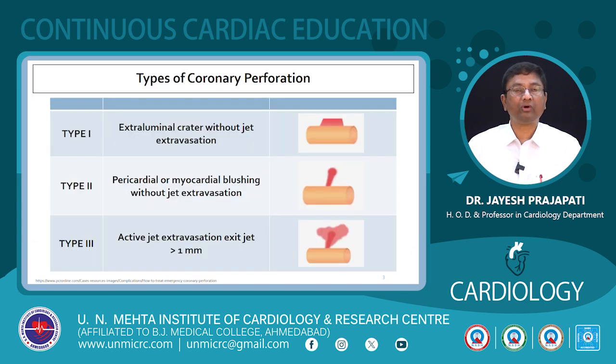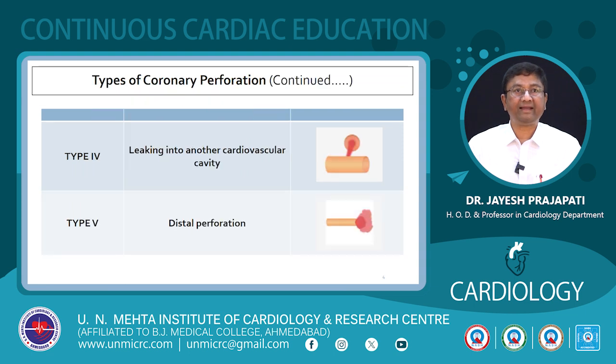The common classification we are following is the Ellis classification, which most of us follow. Type 1 is an extraluminal crater without jet extravasation. Type 2 is pericardial or myocardial blushing without jet extravasation. Type 3 is active jet extravasation with an exit jet of more than 1 mm.